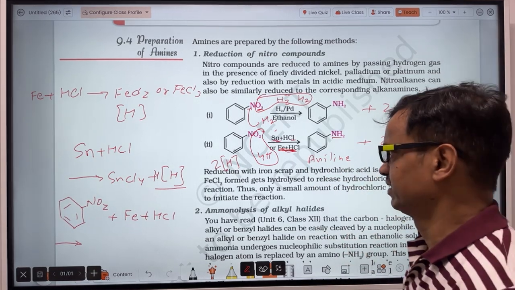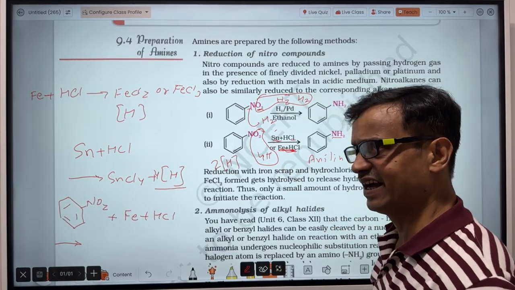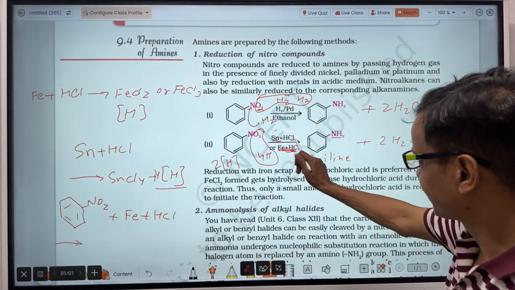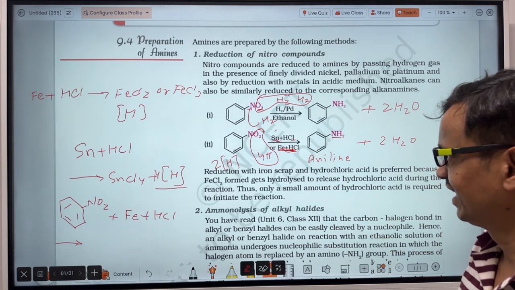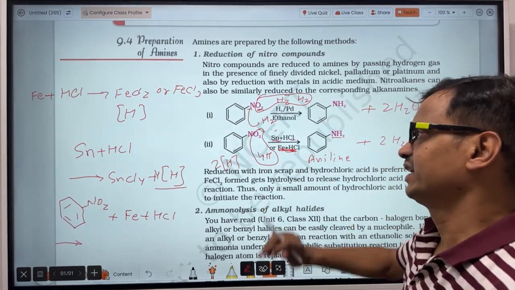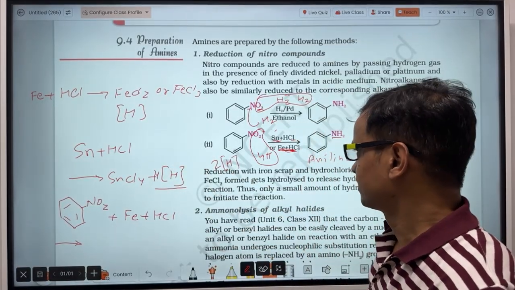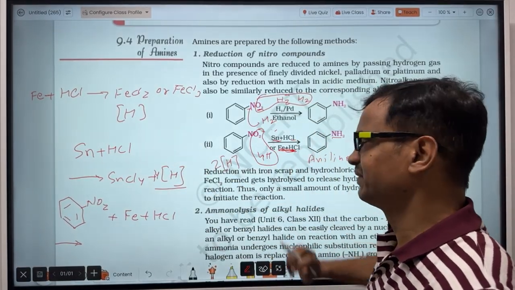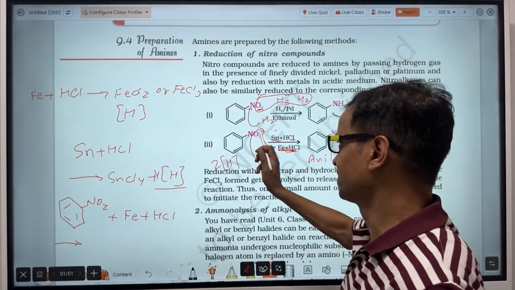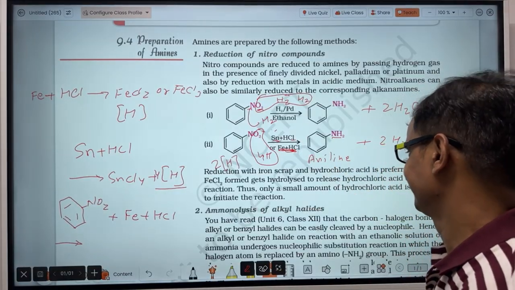Another reaction is that nitrobenzene reacts with the mixture of iron and conc HCl. The iron reacts with conc HCl to form FeCl2 or FeCl3, and it will provide nascent hydrogen. These 4 nascent hydrogen will combine with 2 oxygen to form H2O, and the other 2 nascent hydrogen will combine with nitrogen and form aniline.